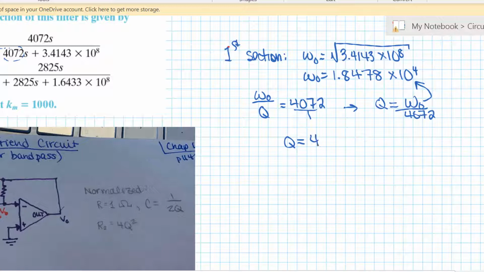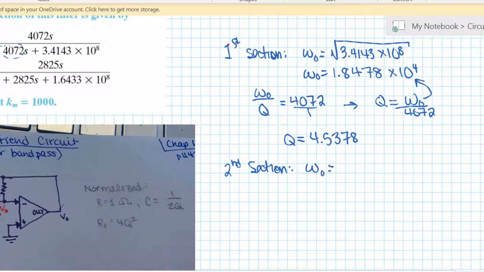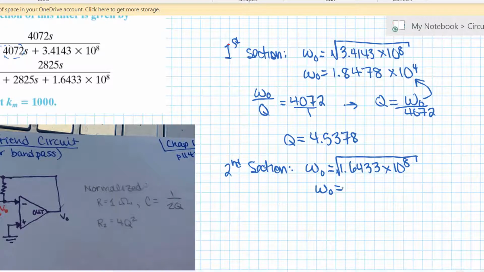We know what omega naught is, so then we can find Q. I get 4.5378. And then for the second section, same process. Omega naught is the square root of the constant term. So I get 1.2819 times 10 to the 4th.